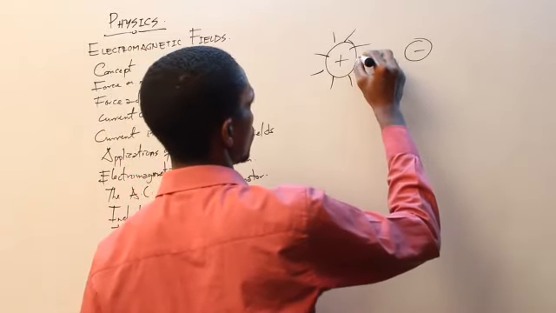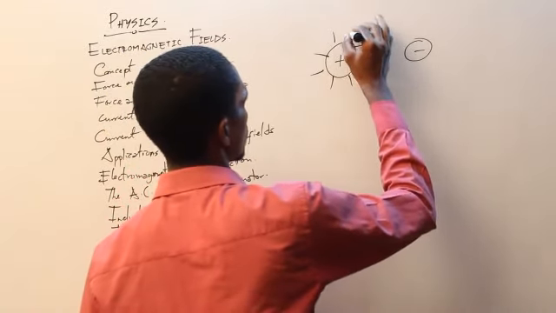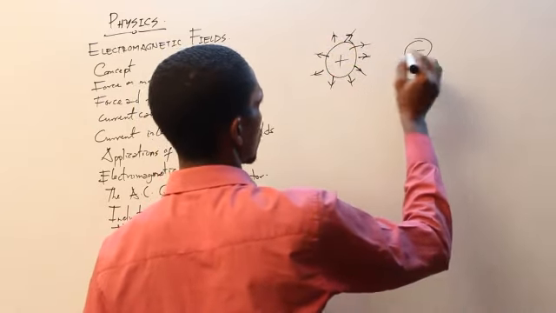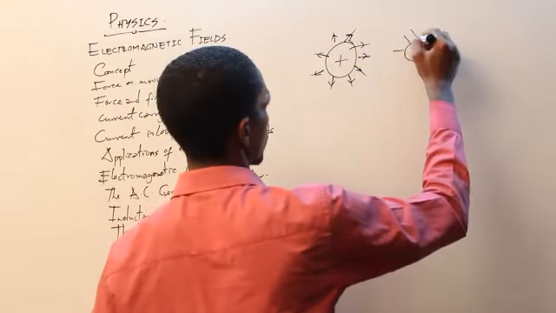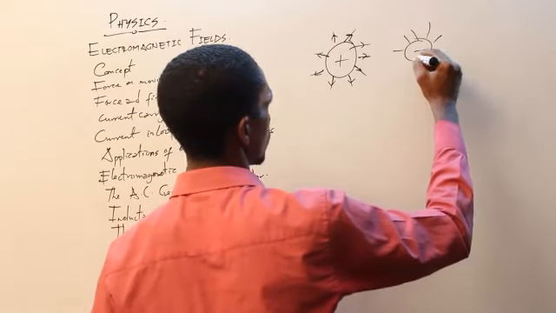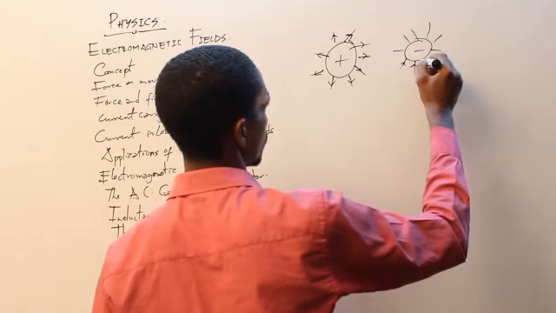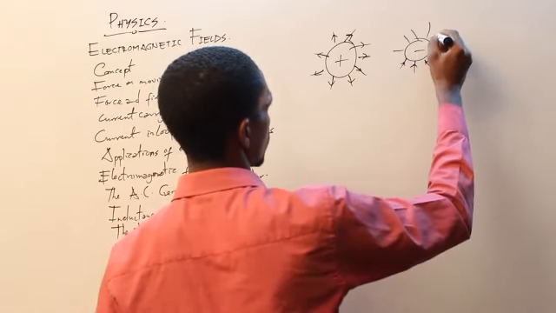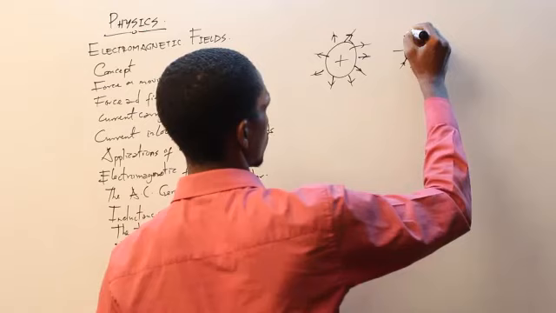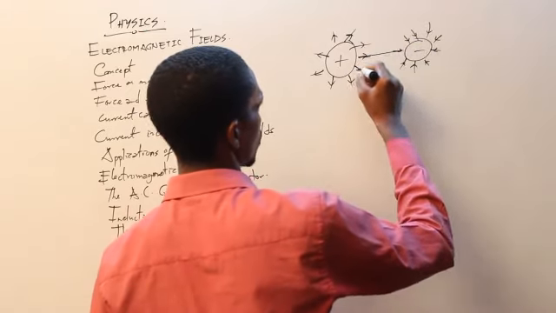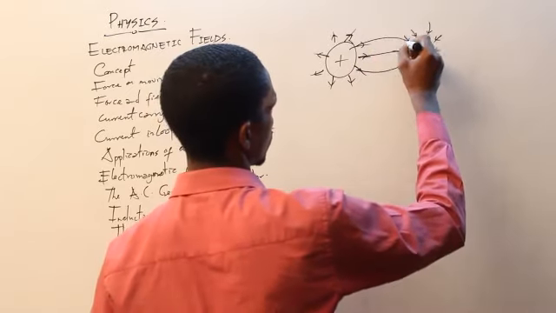Plus always wants to give away. Minus also has its own field around. Minus wants to receive. So give away and receive, they will connect to each other.